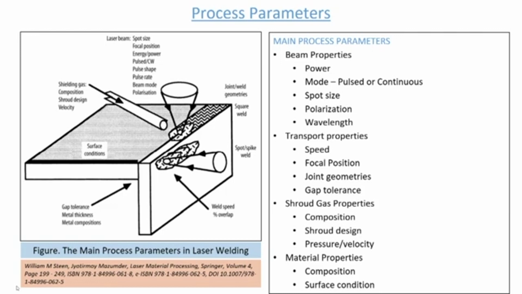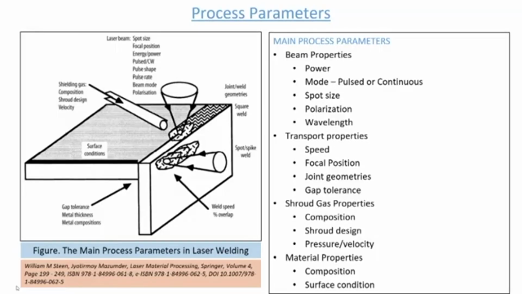Now, let us look in a comprehensive way at the various parameters affecting the laser welding process. There are various groups of process parameters. The first group is beam properties. In beam properties, we can note the laser power is affecting, then the mode of the laser, whether the laser is pulsed or continuous, is also affecting the laser welding operation.